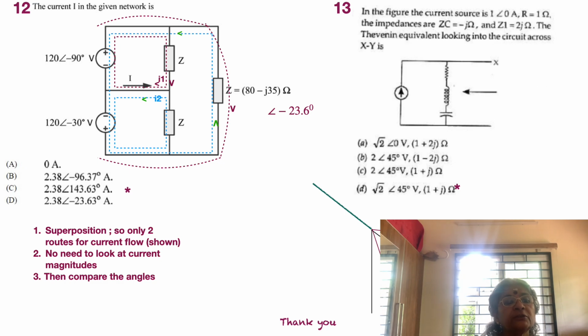So the inner path alone is important, and that inner path allows a current I2 to flow, oppositely directed to I, as also I1, which is again marked in red and oppositely directed with respect to I. So now we need to find I as a combination of I1 plus I2, but with the negative sign, or oppositely directed.